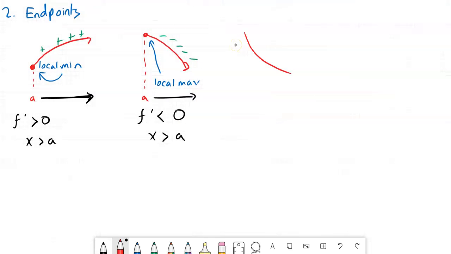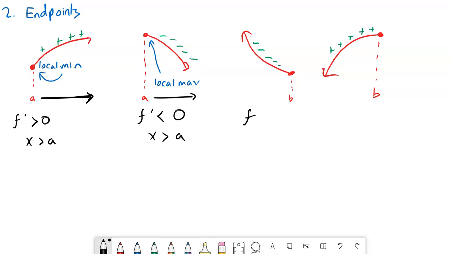Very similar. Let's say I have something that looks like this and something that looks like this. And this is the b part, b, and this is b. Notice that these are all negative, and then these are all positive, positive, positive, all the way until there.